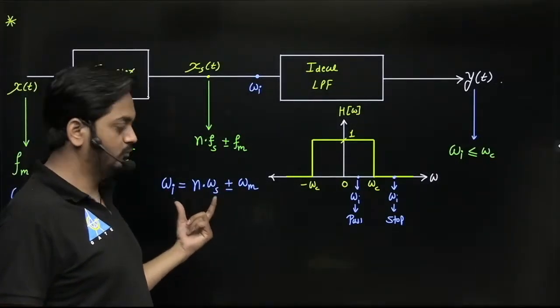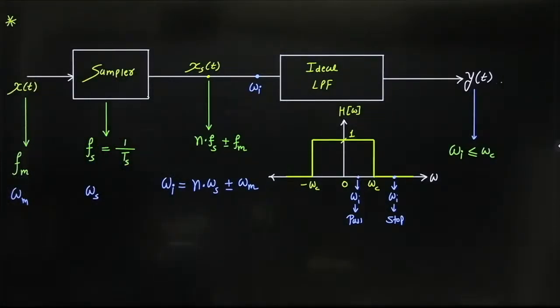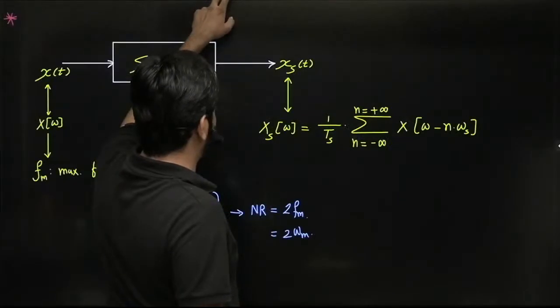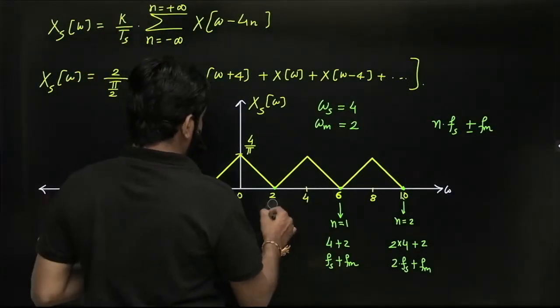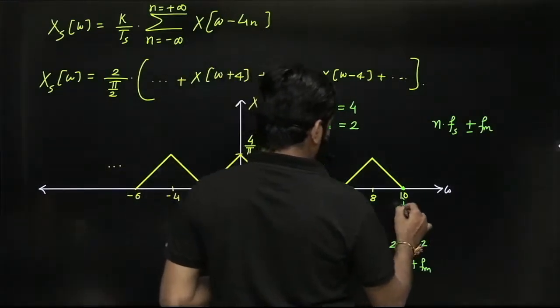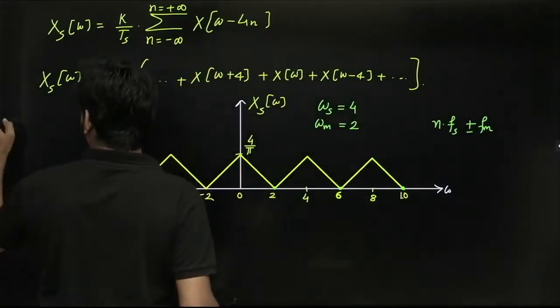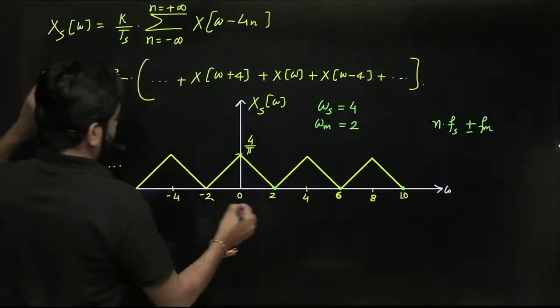I already told you in the comprehensive course also. Let me repeat it again. To understand this concept, let us consider this. This is the frequency, which is nothing but omega m.